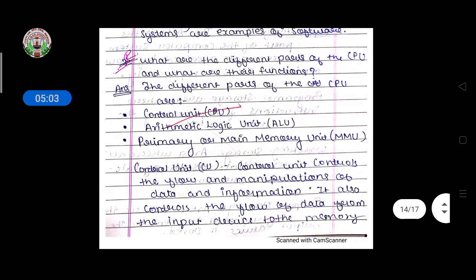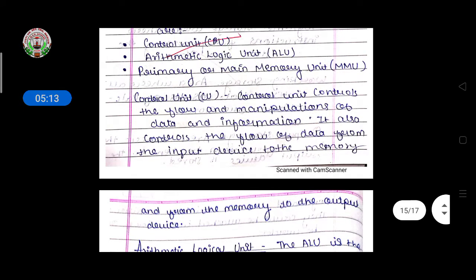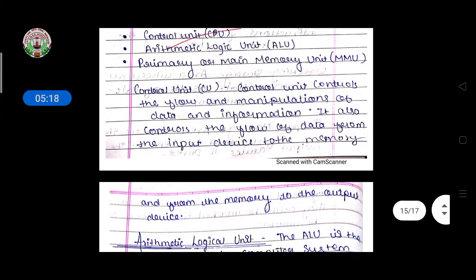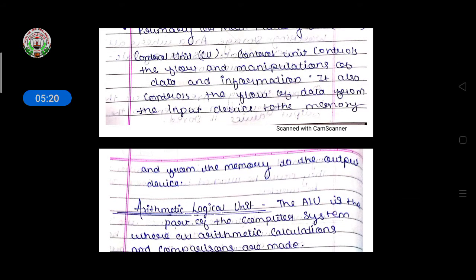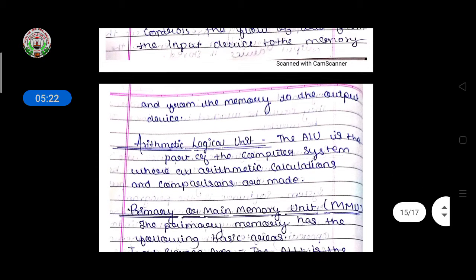Then what are the different parts of the CPU and what are their functions? The different parts of the CPU are the control unit, ALU and MMU, that means main memory unit. Control unit controls the flow and manipulation of data and information, and it also controls the flow of data from the input device to the memory and from the memory to the output device. It controls the instructions also.